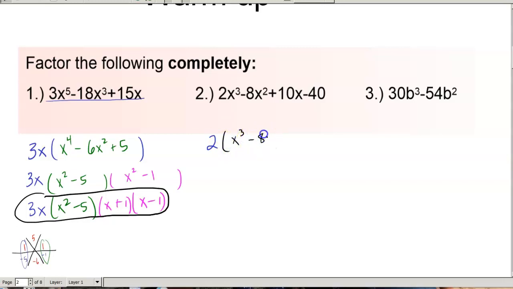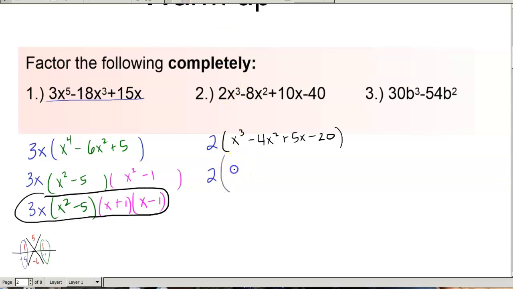X cubed minus, actually not 8x, it's 4x squared, plus 5x minus 20 if we take out a 2 from everything. Now when we look at this, since we have 4 terms here, we want to think about factor by grouping as a possibility. So I'm going to try to group this into basically 2 groups.